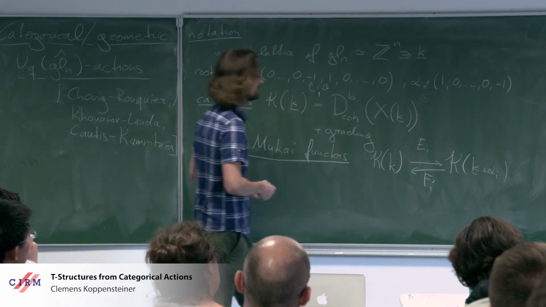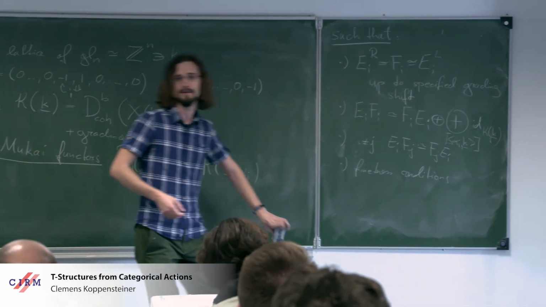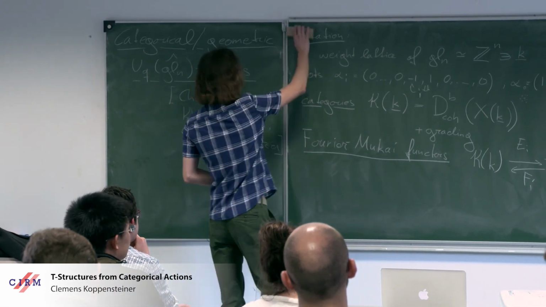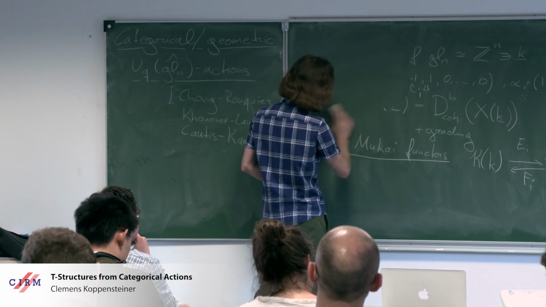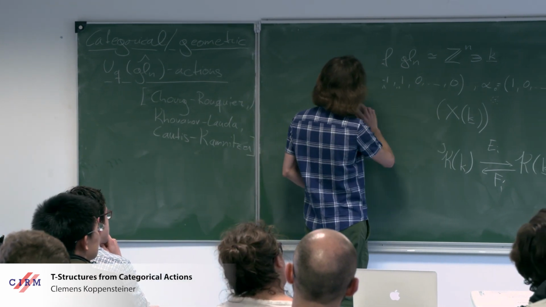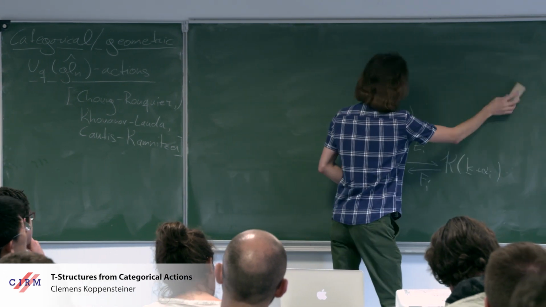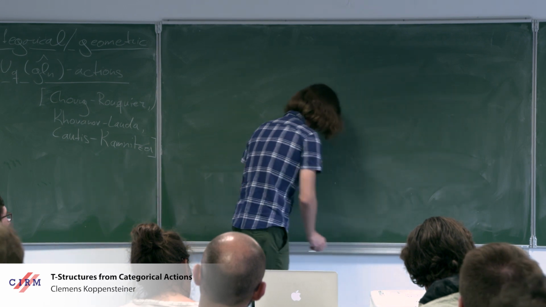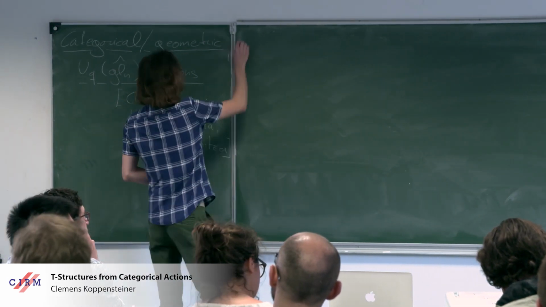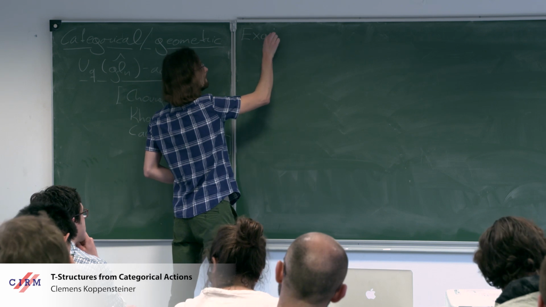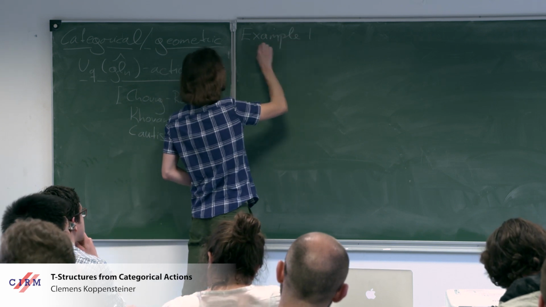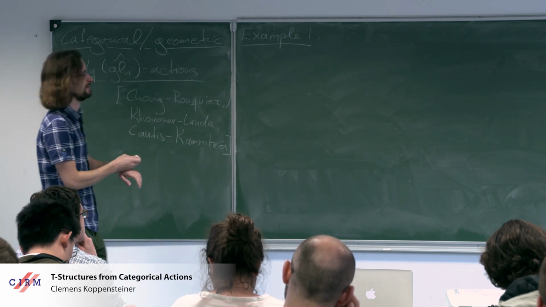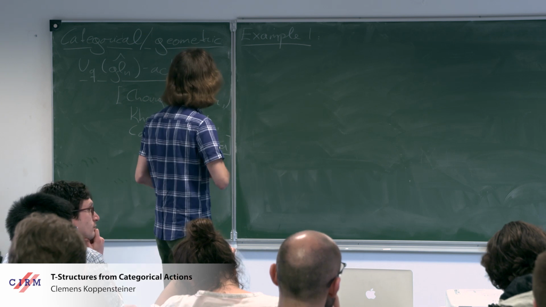OK, I promised some examples that might be more interesting than me going over a bunch of axioms. Let's do this in the middle, it takes a lot of space. So how could we write down something like this?